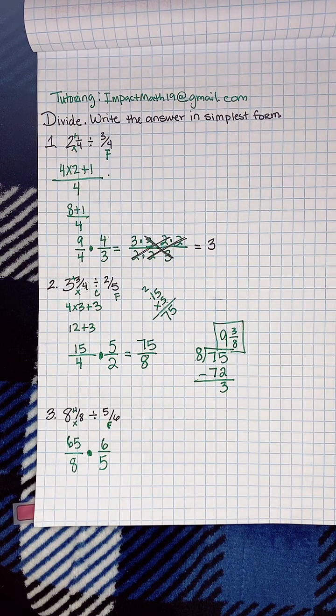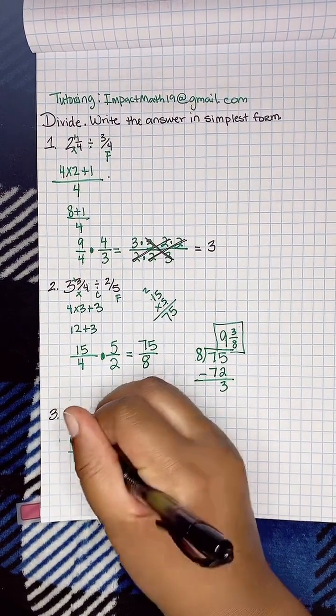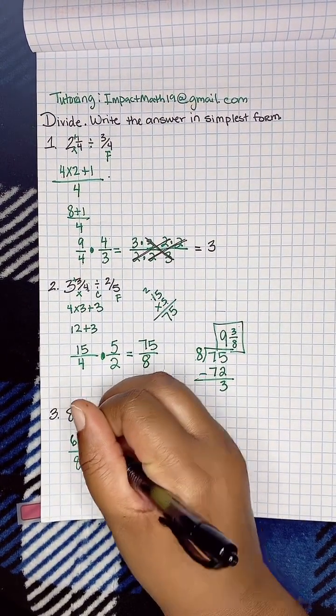So now, can we cross simplify or cancel out anything? The 65 and 5. Yes. Divide by 5. Good. So we can divide this by 5 and we can divide this by 5.